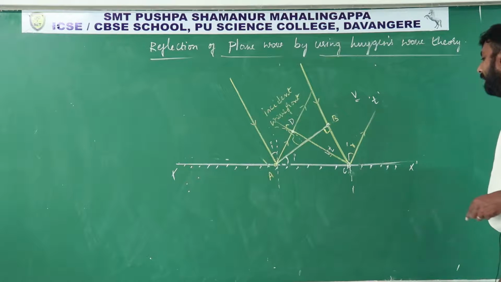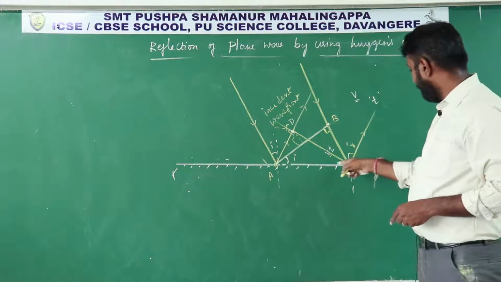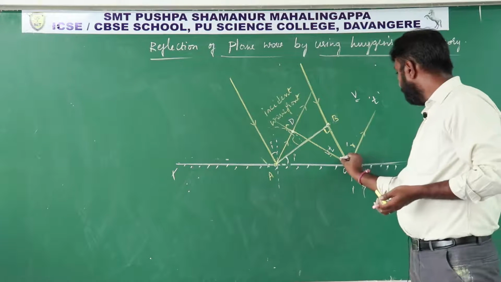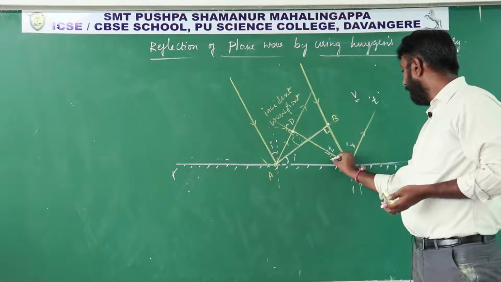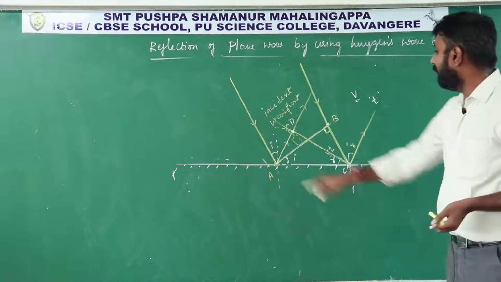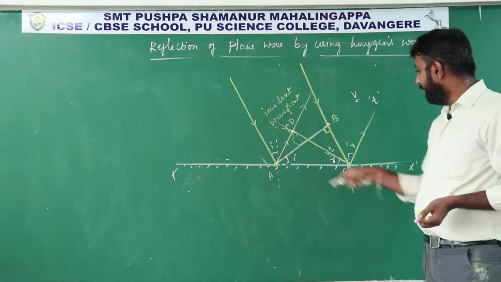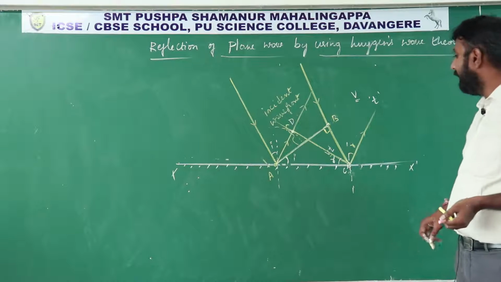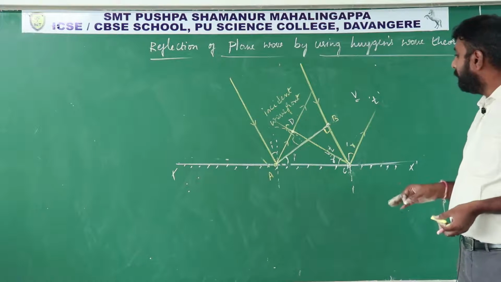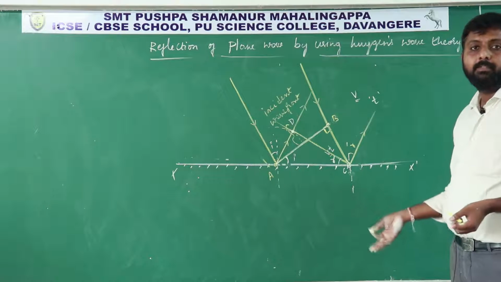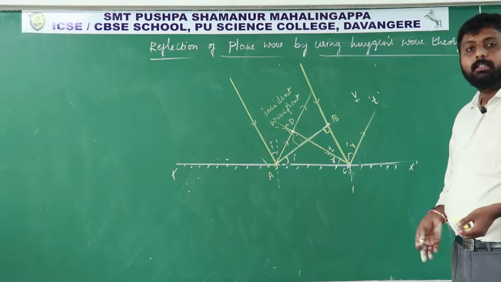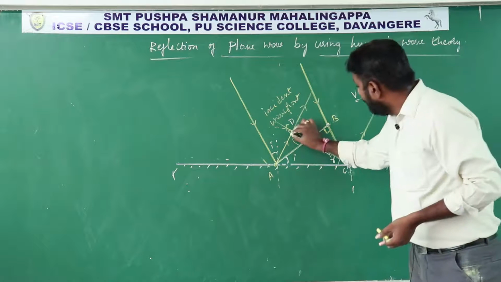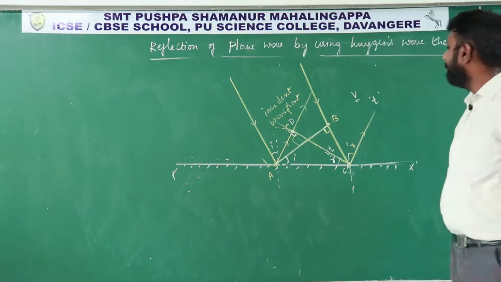So this angle is R, so observe the diagram, this angle also comes to R. So how you got this angle as I, similarly, observe the diagram carefully, this angle also you will get as R. Then here we have to prove this reflection phenomenon, that is the angle of incidence is equal to the angle of reflection. For that, see the diagram carefully.